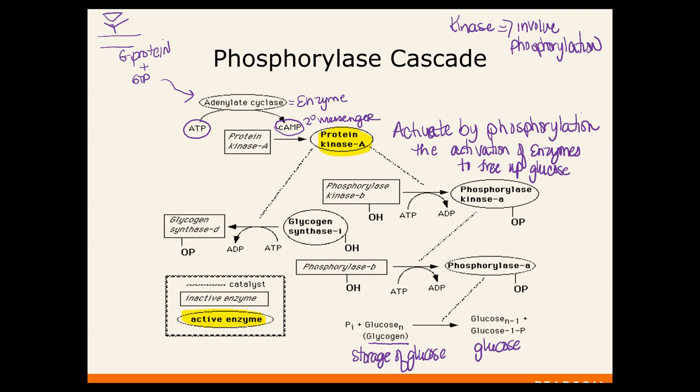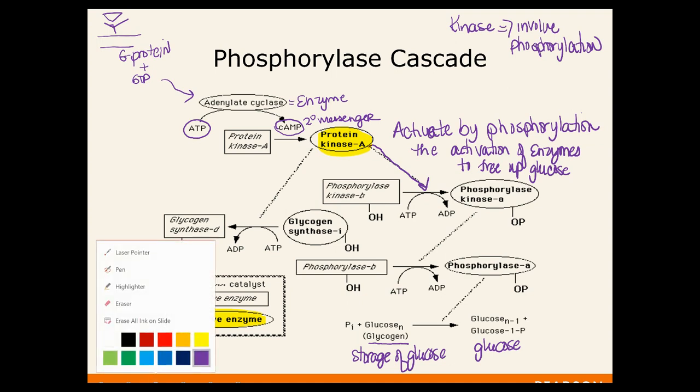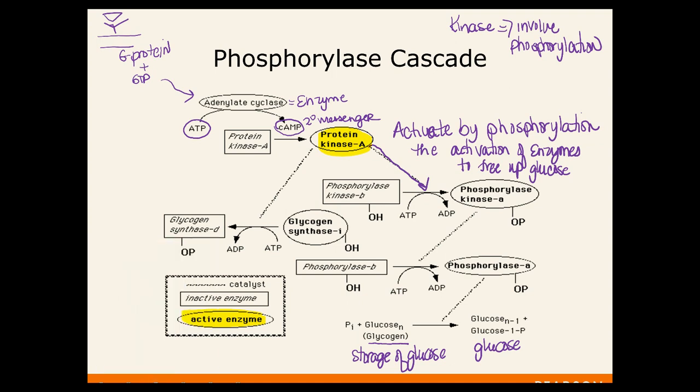Okay, so let's look at that side of the diagram. Protein kinase A is going to now be active. It's going to take another enzyme, phosphorylase kinase B, and activate it by a phosphorylation event.